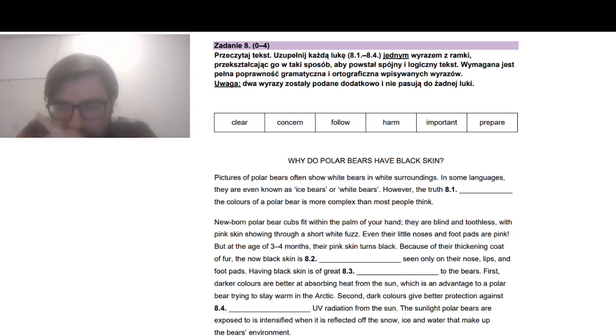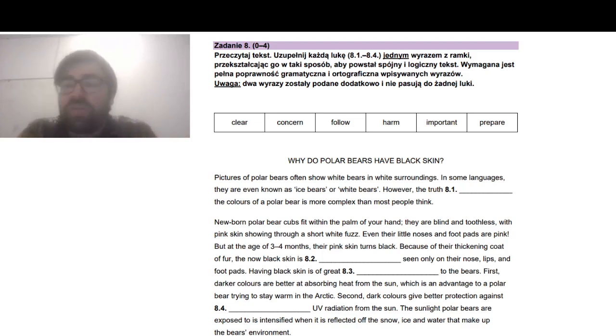Now let's look at our gaps, our words that we already translated, and ask ourselves which meaning is the closest here. Clear, not really, it has nothing to do with clarity. Concern, actually yes, concern can mean "dotyczy", right?